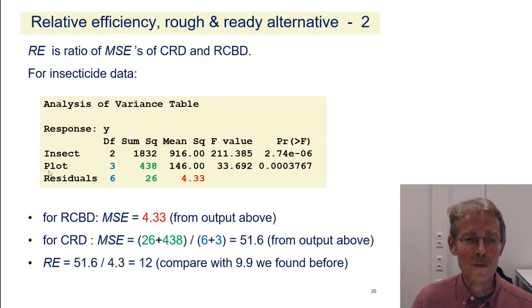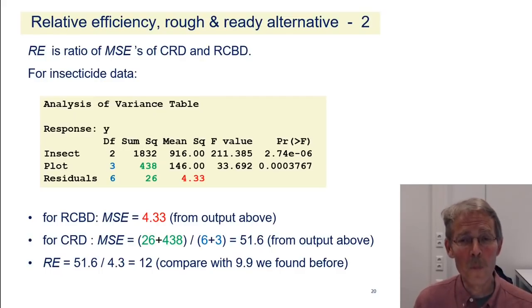You know, the sum of squares for plots and the sum of squares for error here are basically the result of a split of the sum of squares of error in a one-way ANOVA with insecticides only. So we created a sum of squares of 438 for plots by taking it out of the sum of squares of error under a one-way ANOVA.